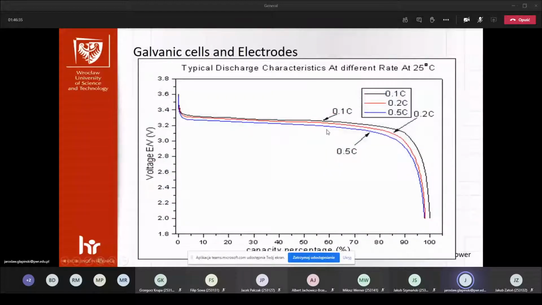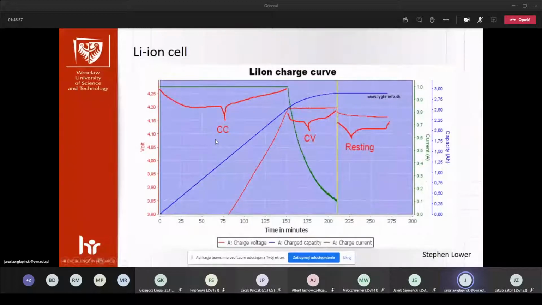That was the discharge process, and now how we charge this accumulator. It's not so easy compared with nickel cadmium and metal oxide batteries, because as you could see, we could damage the battery. So generally, the charging process is divided into two processes.